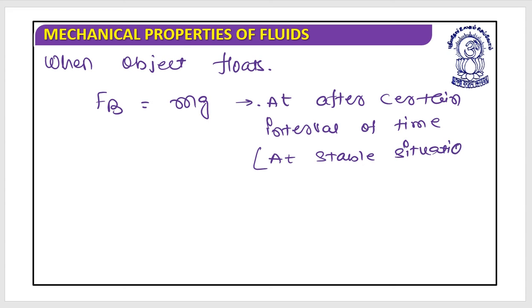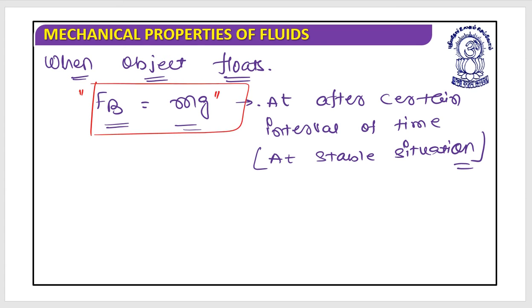But one thing is clear: we cannot see the transient situation and we cannot have the readings of it. So when I am asked that your object floats, I will definitely understand that it is the case of FB equals mg. I hope this is clear. This must be clear and there should not be any confusion.